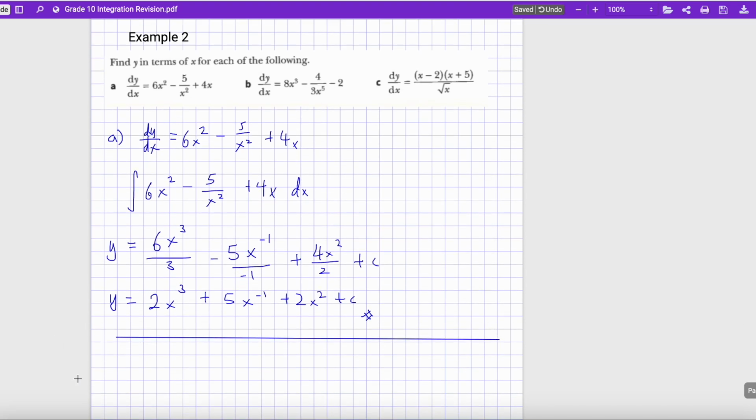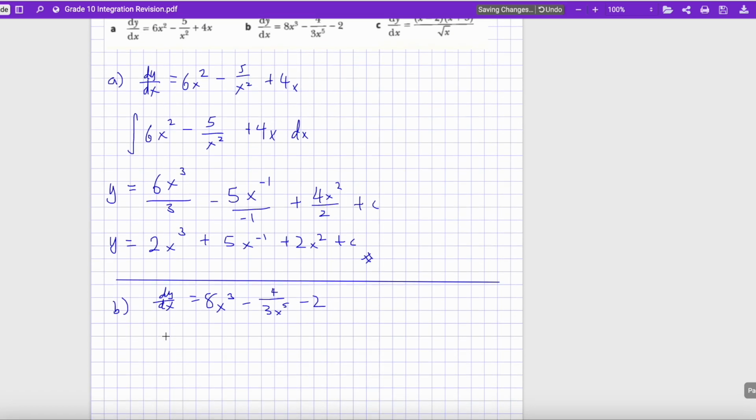Okay, part B, let's try this. All right, so dy over dx is 8x cubed minus 4 over 3x to the power of 5 minus 2. All right, so let's integrate this guy, with respect to x.